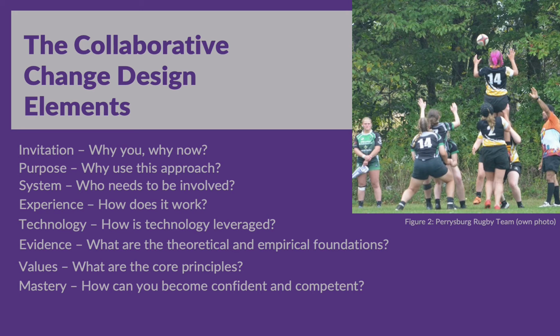As I was reading the Collaborative Change Library and reviewing the other resources, I was really looking at each of these 8 design elements, and they were giving a framework to what I was reading. Similar to the sport of rugby, it often looks confusing and chaotic till you understand the positions and the rules, which give framework to the sport.